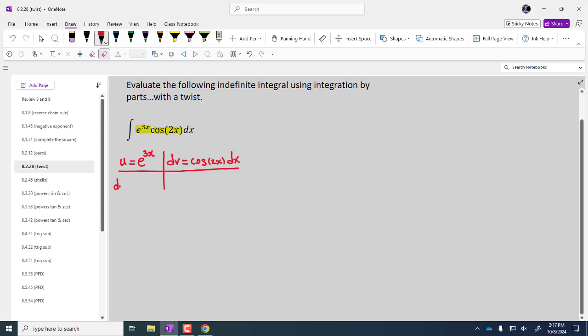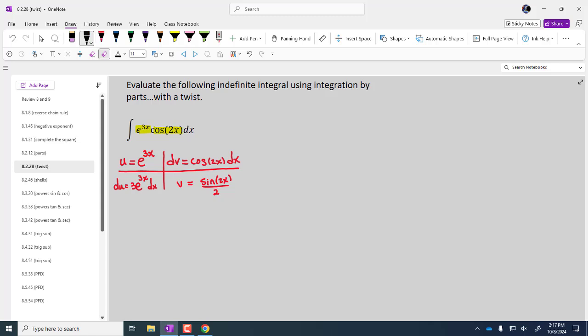So to get du, we differentiate using the chain rule. So we'll have that. Integrating, the integral of the cosine function is the sine function. The angle does not change, but then we have a reverse chain rule. So that will be our antiderivative.